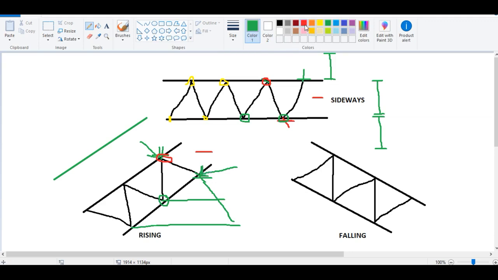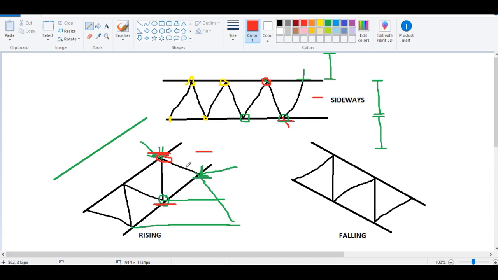Okay, and in this case, guys, if we're selling here at resistance, my stop loss will be above the entry level, and if we're entering here at the support, my stop loss will be just below the support level.